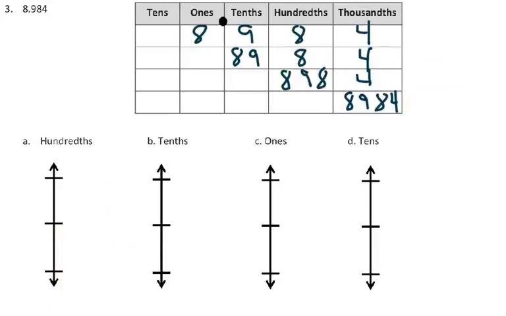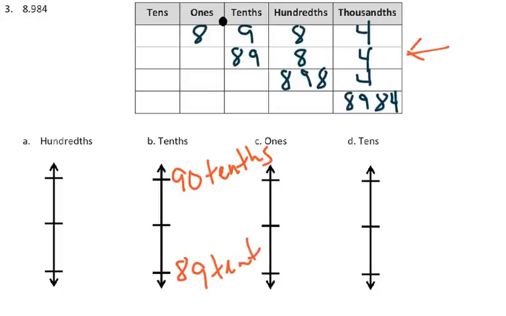And I could see that I'm going to be working with the tenths here. So I'm going to be between 89 tenths and 90 tenths. And I can write tenths out here, and hopefully you'll have more room on your paper to write the tenths out. Okay. So I know that halfway would be 89 tenths and 5 hundredths.